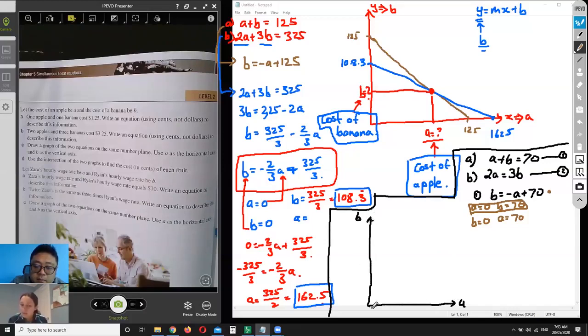So the B in the B. And it would be here, right? So what would the value of that be? 70. Where would this point be? Let's focus on this point now. It'll be along the horizontal, and it would be 70 across, right? So it'd be around here. And we join the line. And that's line 1.